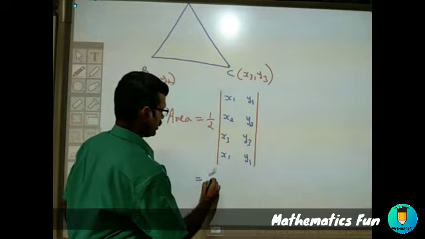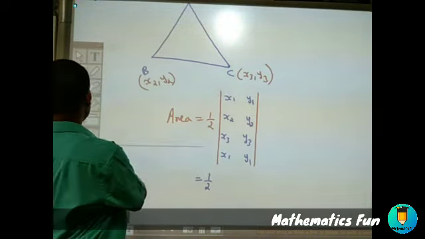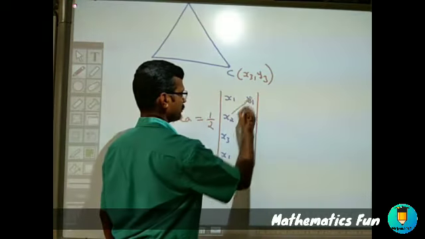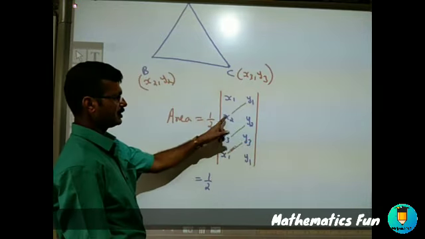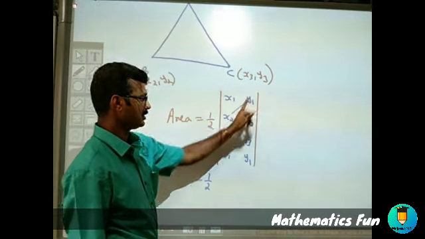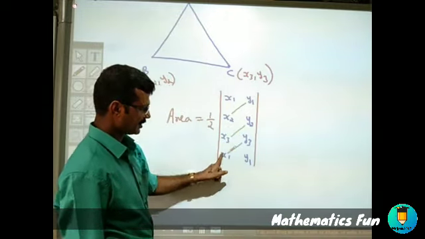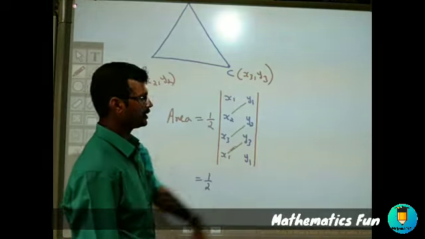So this is now half. Now how to expand this? Expansion, only the method you have to memorize. We have to multiply like this first of all: x2 y1 plus x3 y2 plus x1 y3. This way first of all multiply it and add it.